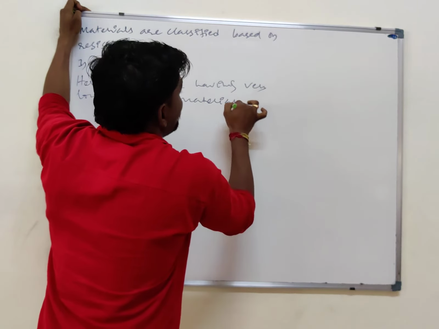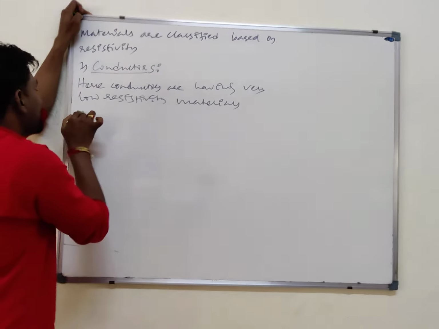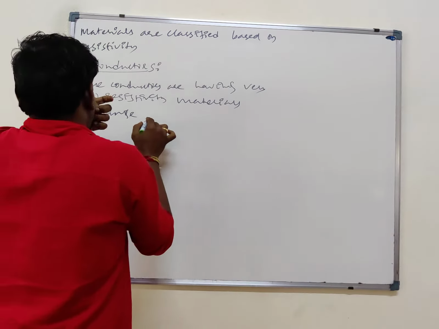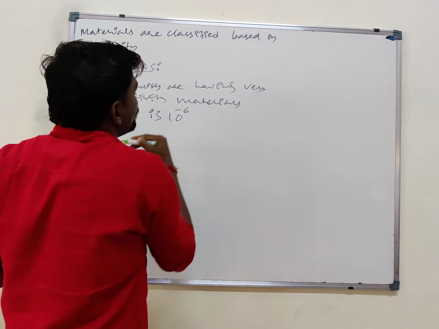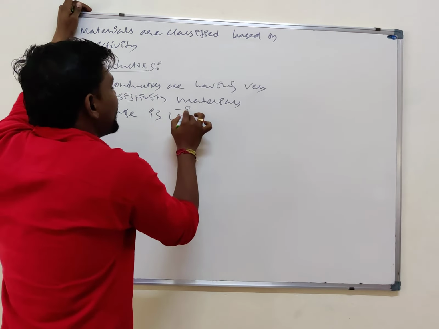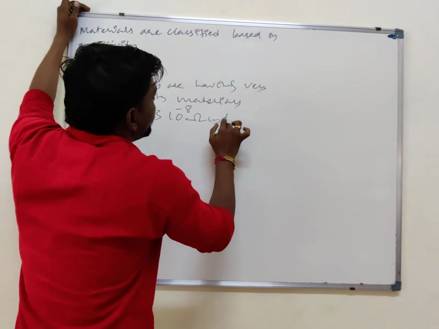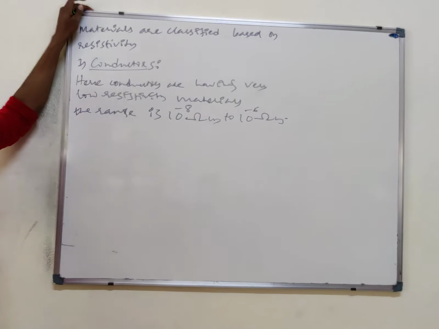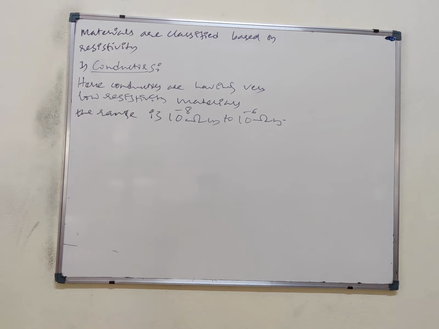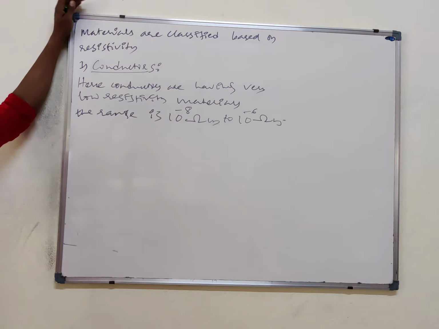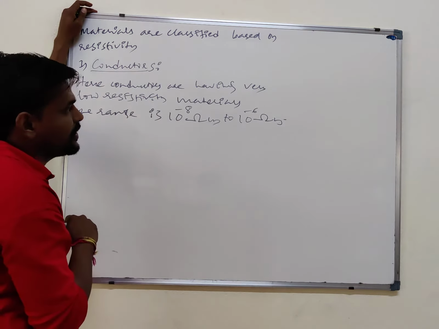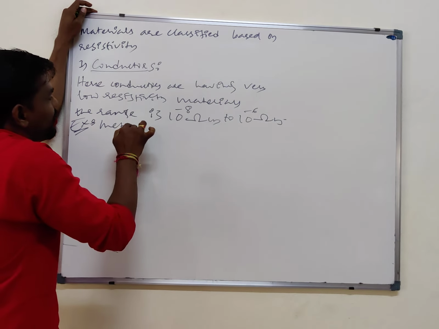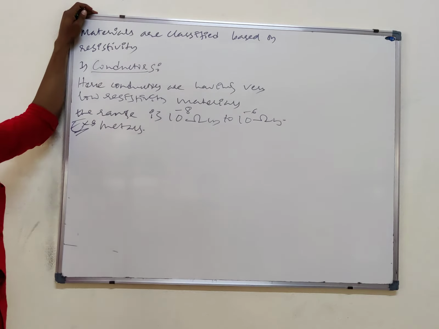So the range is 10 raised to minus 8 ohm meter to 10 raised to minus 6 ohm meter, right? For example, metals.